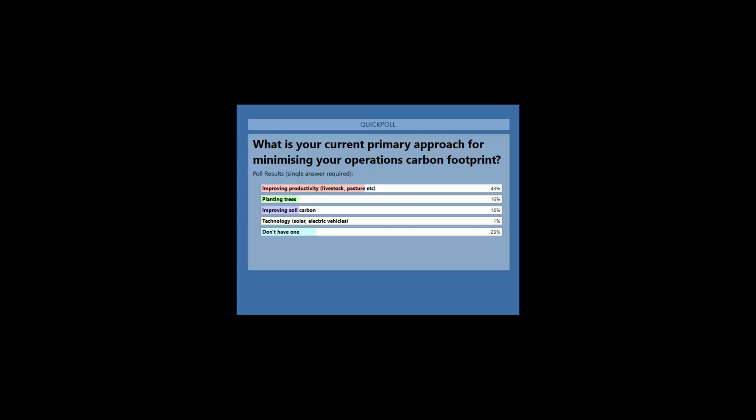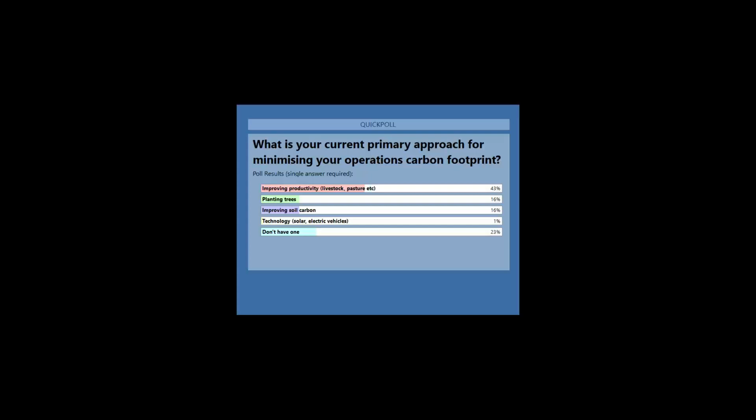Not surprisingly, 23% don't have a strategy here right now, and that's fine. Interesting, we've still got planting trees and improving soil carbon, and that's fine as well. But we should look at that as not necessarily about purely focused on carbon, but how it complements our system.